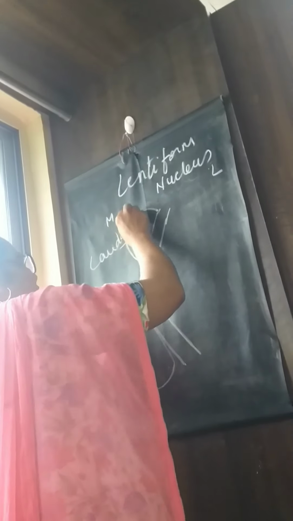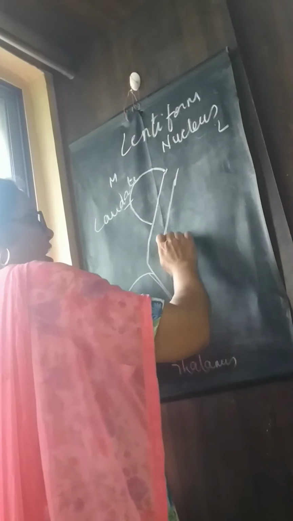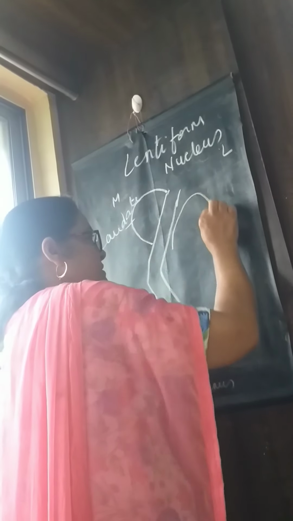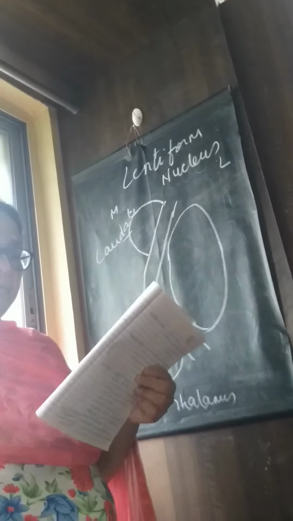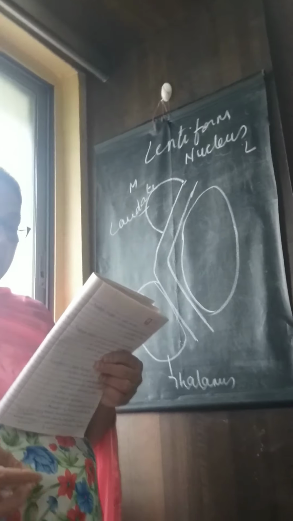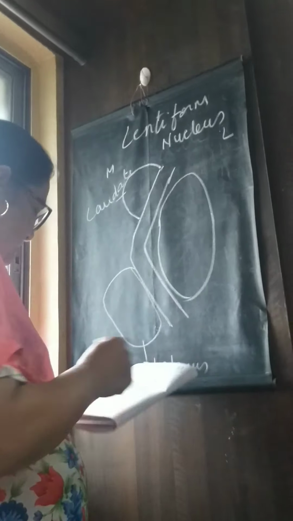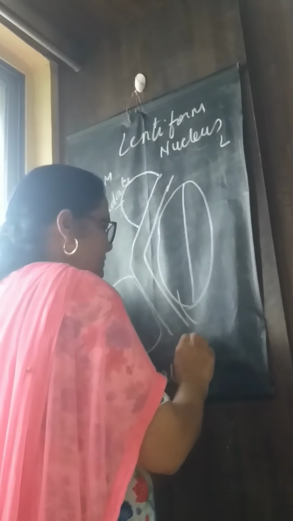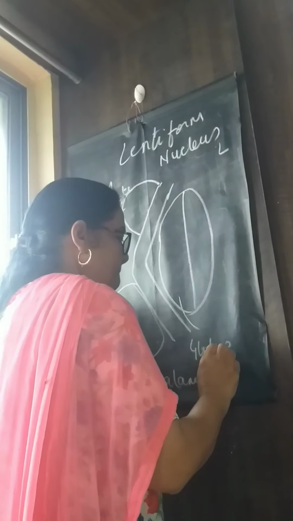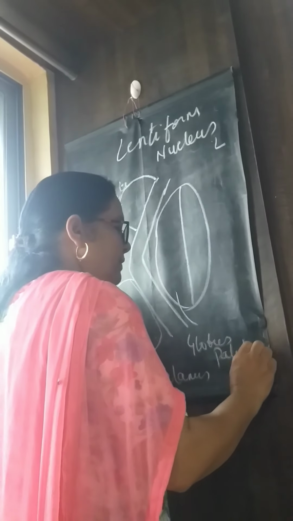This is the thalamus, and within the concavity of this internal capsule is present the lentiform nucleus. Got it? This lentiform nucleus consists of globus pallidus and putamen.